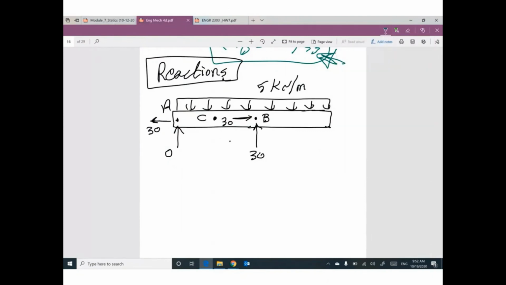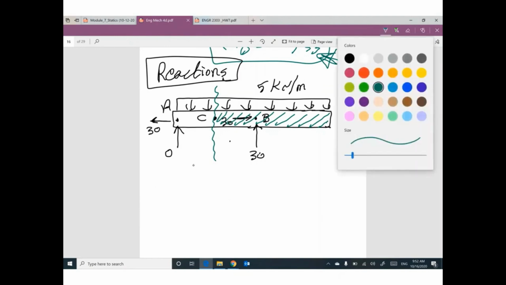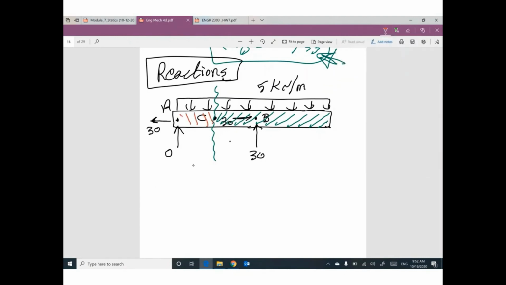Make a cut at C. We have two options: the right part with all of this stuff, or the left part with very little stuff? What do you think? This distance is 1.5.